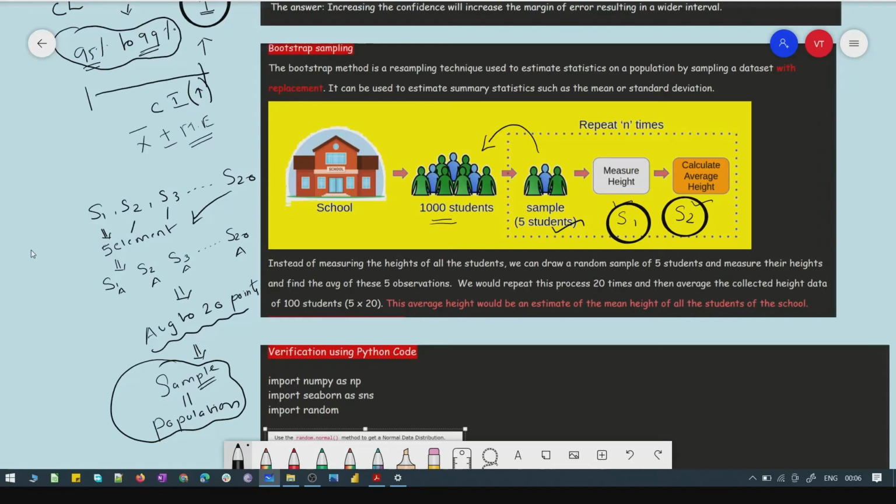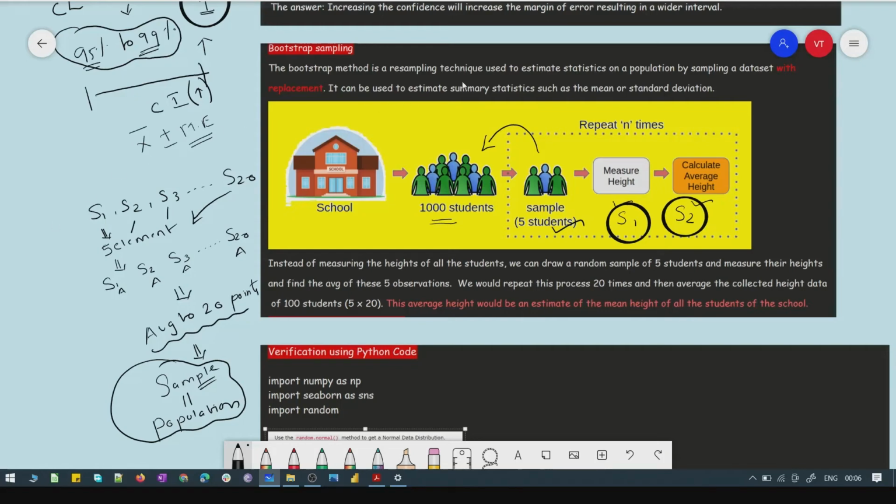Now I take an average of all these values put together, and the final value that I get will be very close to the mean of the population. I'm not measuring all the people in the population. I'm just taking a subset, repeating the same experiment again and again, and then finding the average. The final sample value will be very, very close to my population. This is one of the best methods by which I can infer certain parameters for the population.